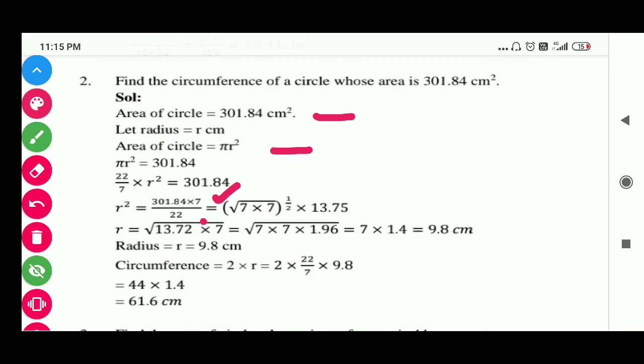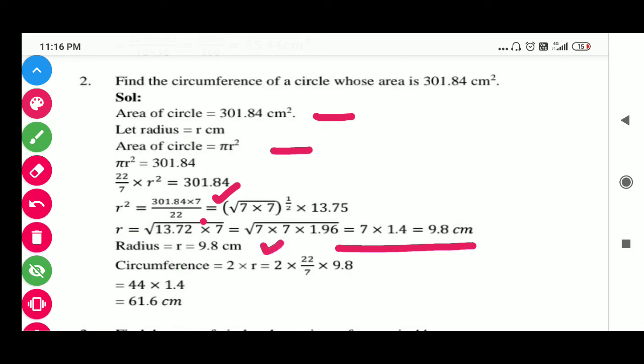Here by taking the square root on the right hand side, we get r, and here 7 into 7 comes out, and under root we have 301.84 into 7 over 22. By calculating this, making factorization, we get the value 9.8 centimeter. So in this way students, we get the radius 9.8 centimeter.